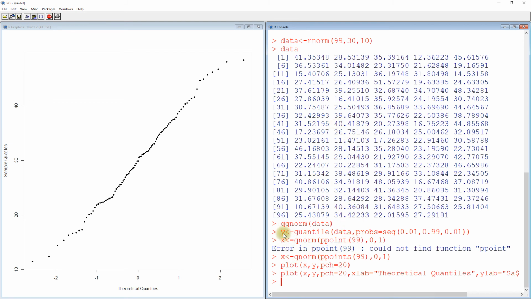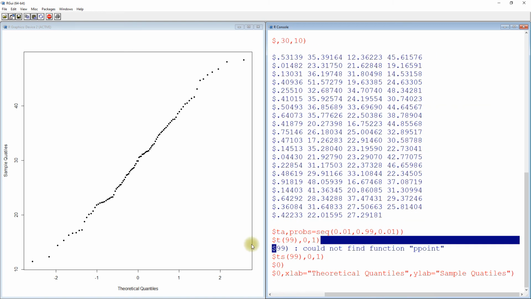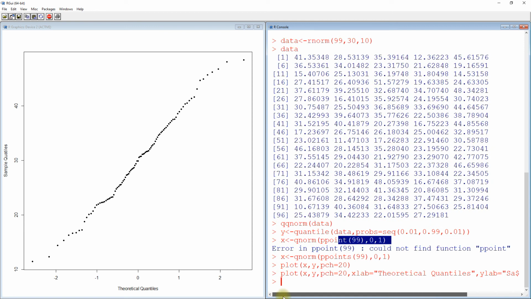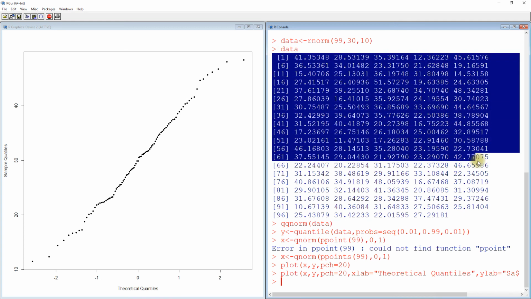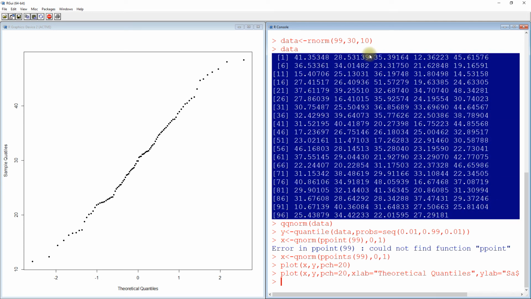I repeat. What basically you need to do is have on your x-axis your theoretical quantiles, that is the quantiles from a normal distribution with mean of 0 and standard deviation 1, or whatever mean and standard deviation you want. And then you need to have the quantiles obtained from your data. And here the data is a series of normal random variates with a mean of 30 and a standard deviation of 10.